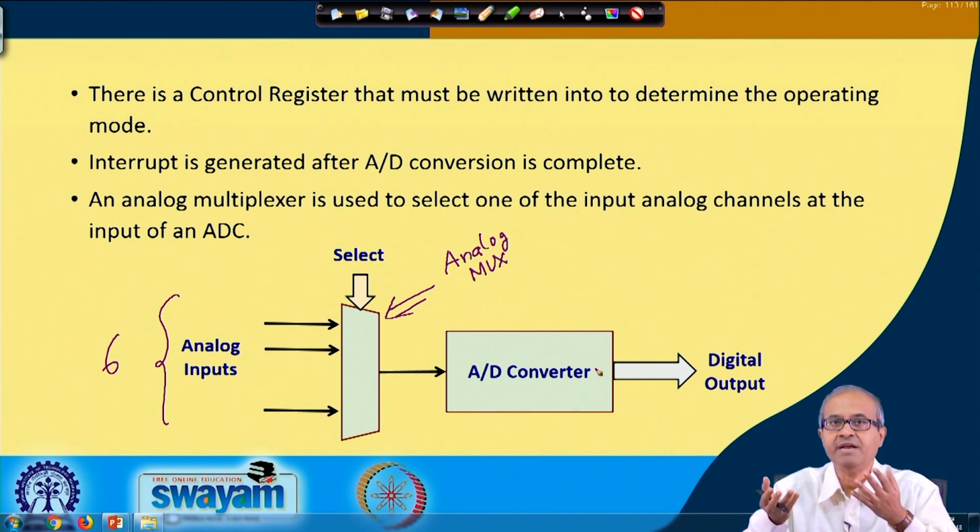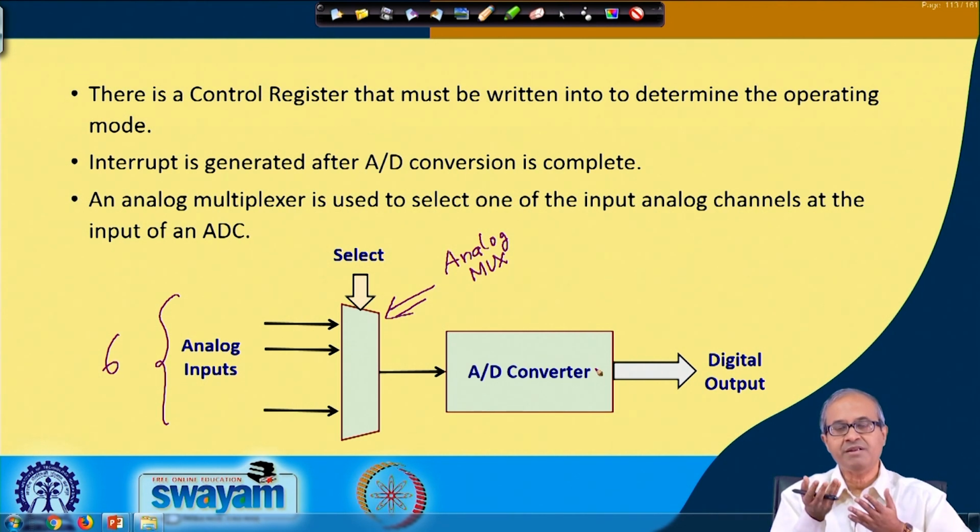Well, your AD converter may be working at 1 megahertz speed, but you may not be requiring that kind of sampling rate. Depending on your input waveform characteristic, maybe your sampling rate will be 1 kilohertz only. So, multiple channels you can multiplex on the same AD converter and use them simultaneously.